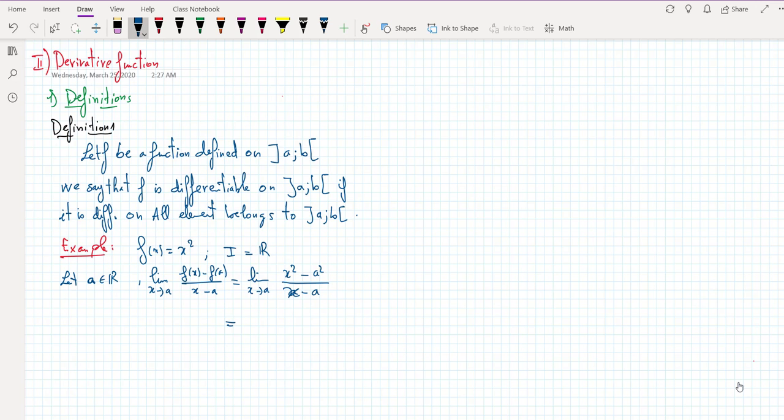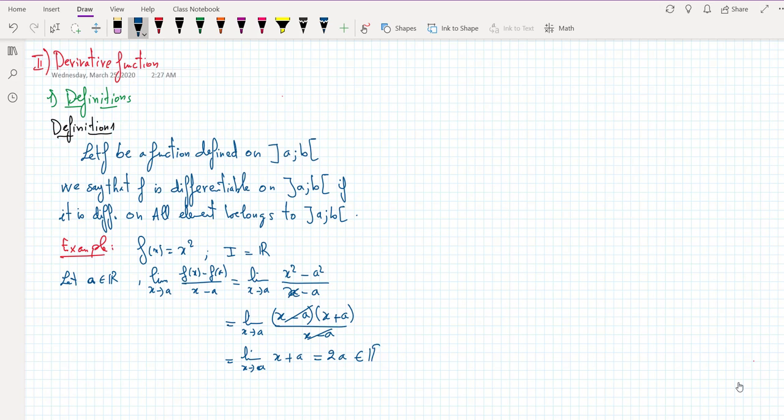As you can see, this is a remarkable identity. It's factorized in the form of x minus a times x plus a over x minus a. We can now simplify by x minus a. We'll find that the limit, if we replace x by a, is a plus a, which is 2a.